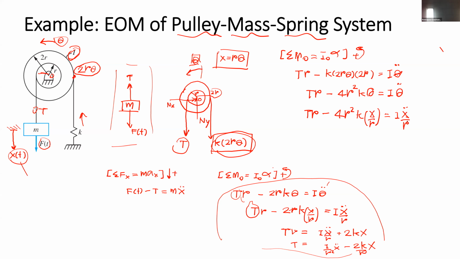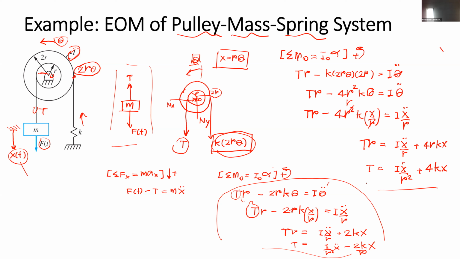It should be like this. And TR is equal to I x dot dot divided by r plus 4r k x. So only the tension in the cable is equal to I x dot dot divided by r squared plus 4kx. Okay, this is the tension in the cable.